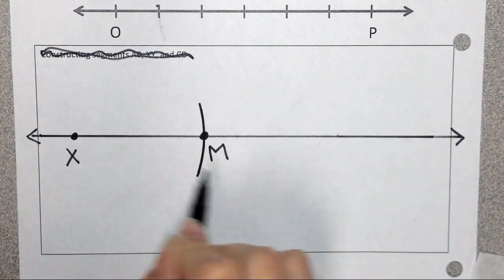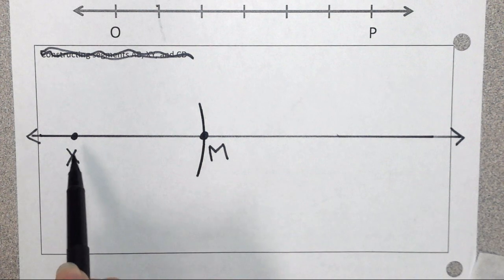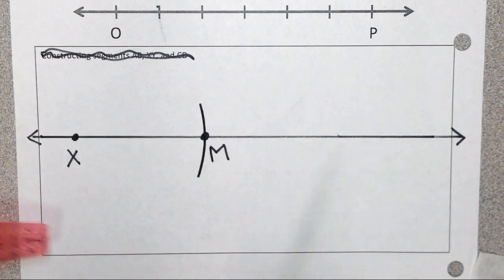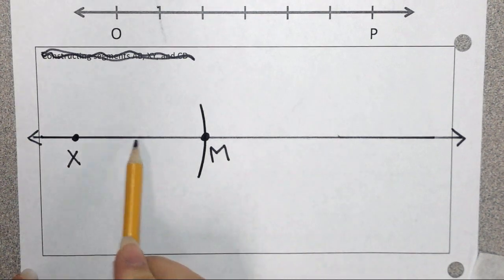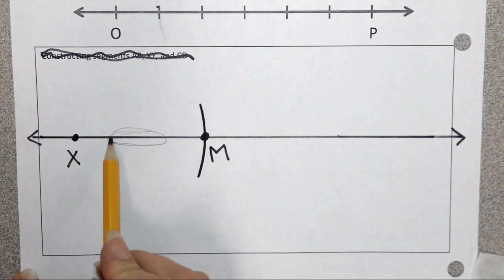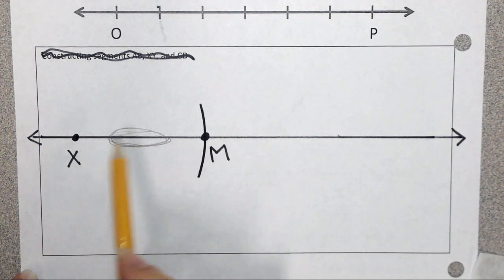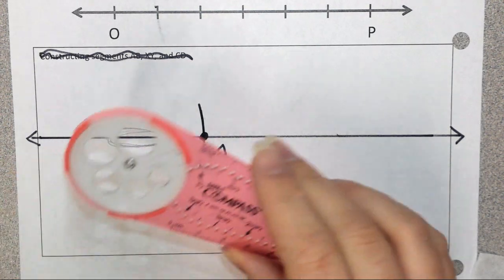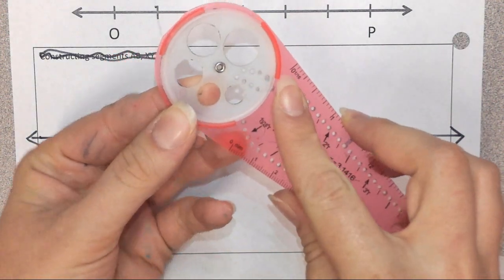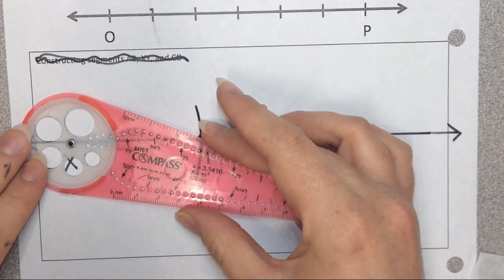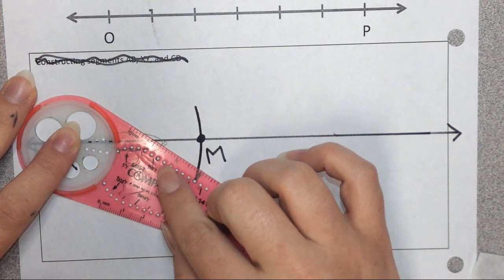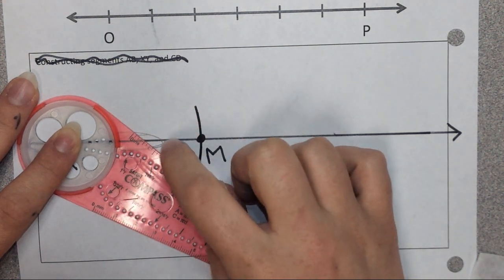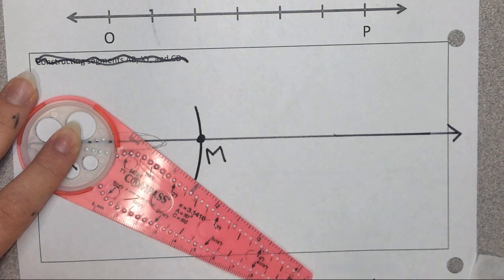Okay, now we're going to find the midpoint of XM using our constructions just like we did before. So again, the first step is to estimate about where that midpoint would be. I'm going to estimate that it's somewhere in this area. The second step is to take your compass, place the bracket on the X, and then choose a dot that is just a little bit bigger than where you think that midpoint area is going to be.